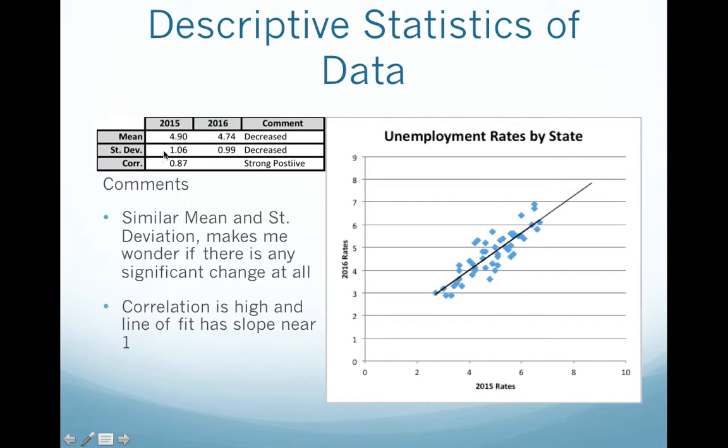We also see that the standard deviation is right around 1 for the two samples, a little bit lower than 1 in 2016, a little bit higher in 2015. That standard deviation, you can think of that for 2016 as being that the middle's about here. And as we know from the empirical rule, the vast majority of the points are going to fall plus or minus 2 standard deviations from the mean.